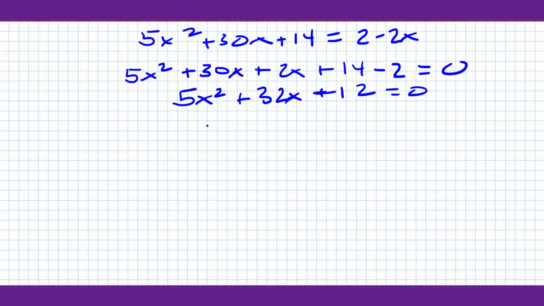Getting a table is not as valuable necessarily as getting a better understanding of what's happening. So we know through our standard form that it's going to go up, and let's see what our zeros are when we're over in Desmos.